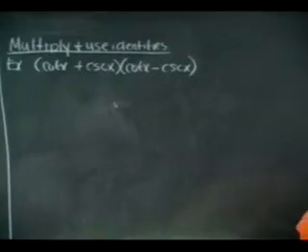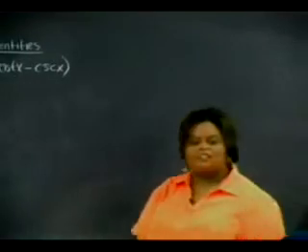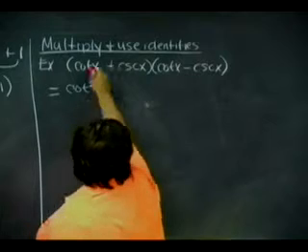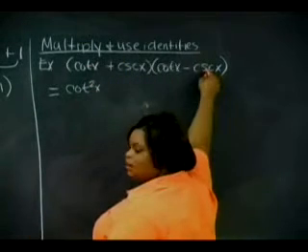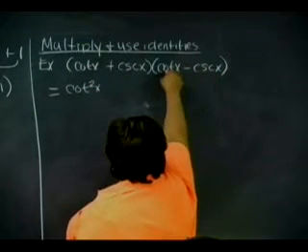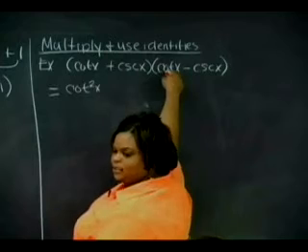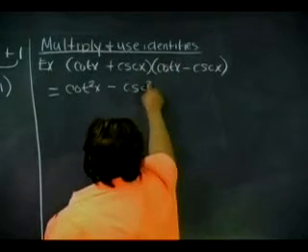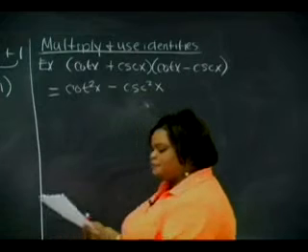And our directions say, let's multiply and use identity to simplify. So we multiply using FOIL, we get cotangent squared, a negative cotangent cosecant, a positive cotangent cosecant that cancels. And we're left with negative cosecant squared x.